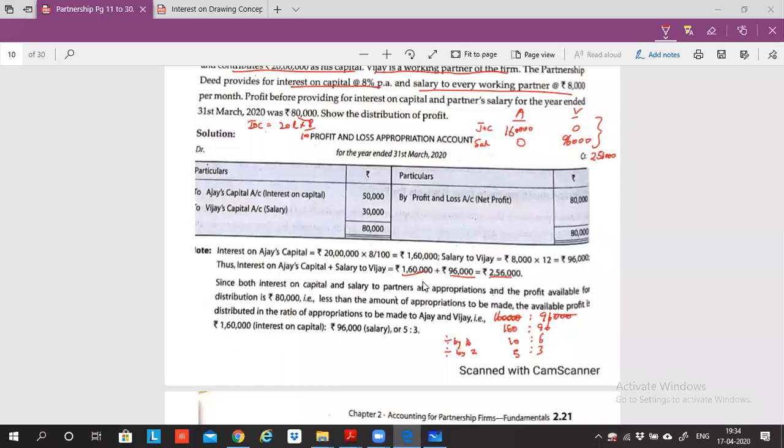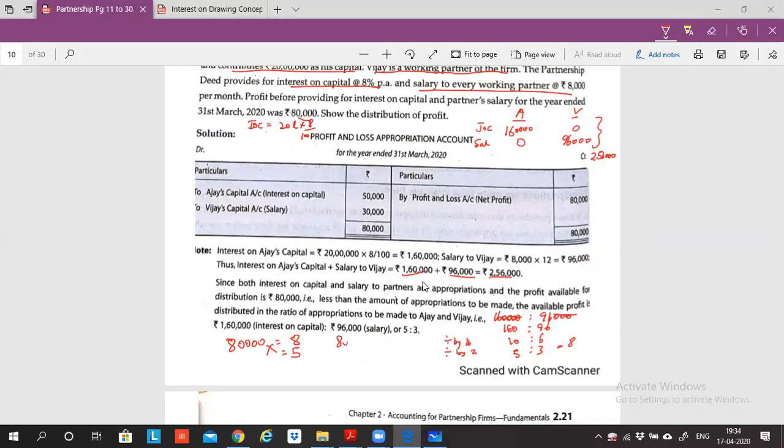So 5:3 is the final ratio, correct? I have to divide this 80,000 rupees in the ratio 5:3. What is the total of 5:3? 8. If this 80,000 is equal to 8, then how much is equal to 5? Cross multiply.